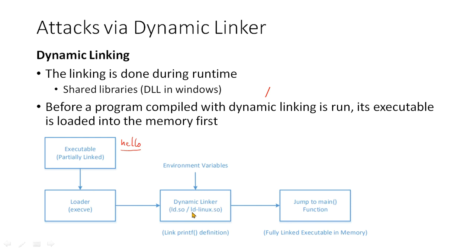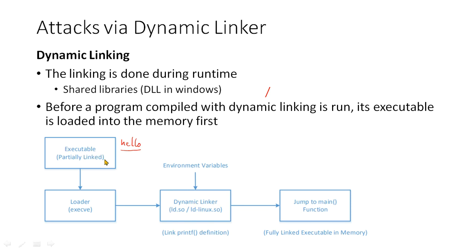We call it ld-linux.so here. So this is the dynamic linker, and the loader asks the dynamic linker to find where the printf function is. So the dynamic linker finds the printf function, and then it links the address of the printf function to our program.